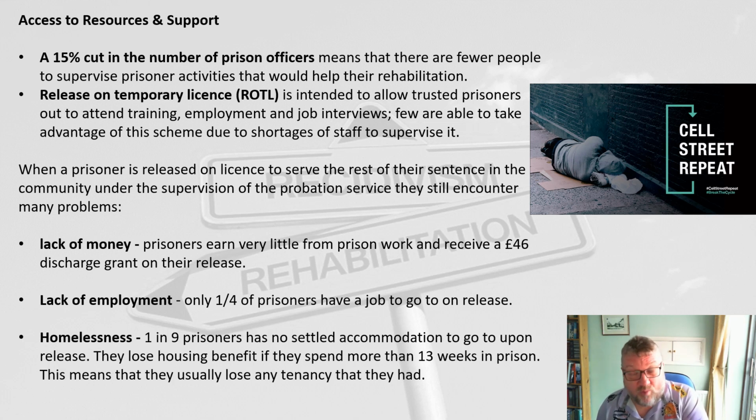And 1 in 9 prisoners has no accommodation to go to upon release. And you lose housing benefit if you spend more than 13 weeks in prison. So if you are in a tenancy, you are being paid for by the council. If you've spent more than 30 weeks in prison, that place is gone and you'd have to reapply for benefit and find somewhere new to live. And you've got 46 quid in your pocket to help you do that.